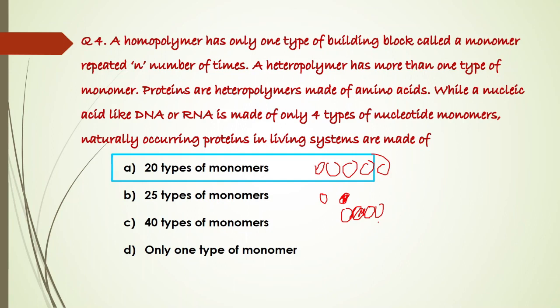That's why they are called 20 essential amino acids. There are many other amino acids, but they are non-essential. Only 20 are there. They are the backbone of any naturally occurring protein in living systems. Okay, so this was your question.